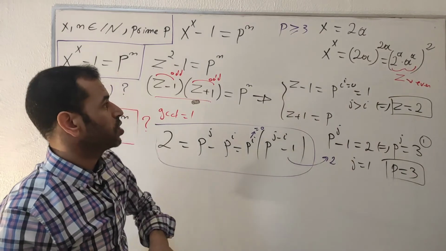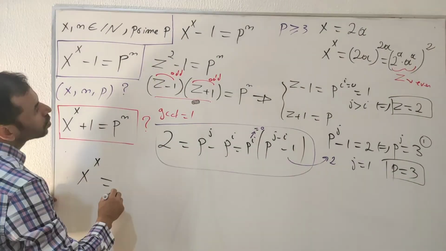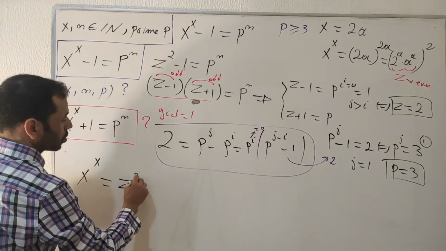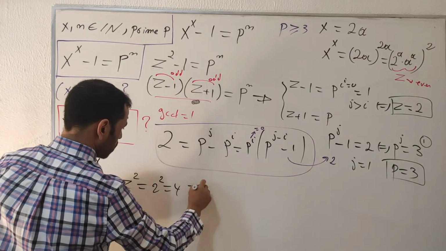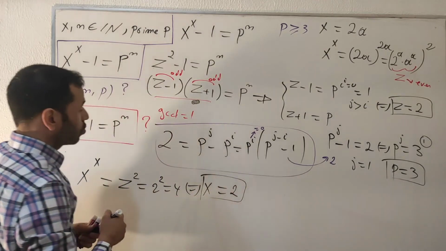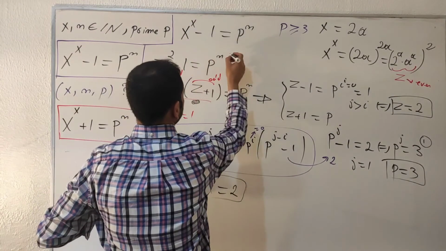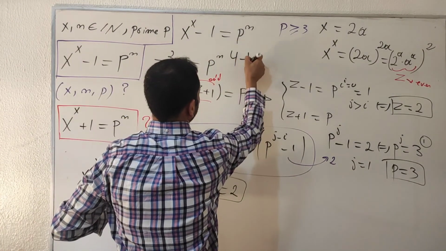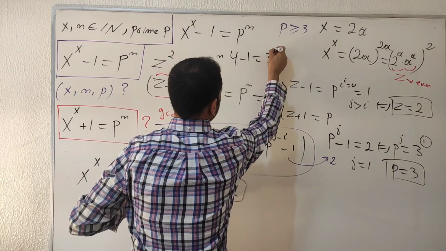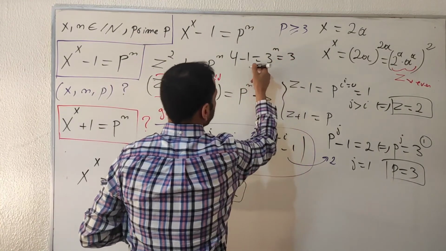Now it's very easy to find x. I will have x to the x, which equals z squared, 2 squared, which is 4. This one is telling us x equals 2. If x equals 2, which means x to the x equals 4. If x to the x equals 4, then 4 minus 1 equals 3 to the n, because we found p equals 3. 4 minus 1 is 3.